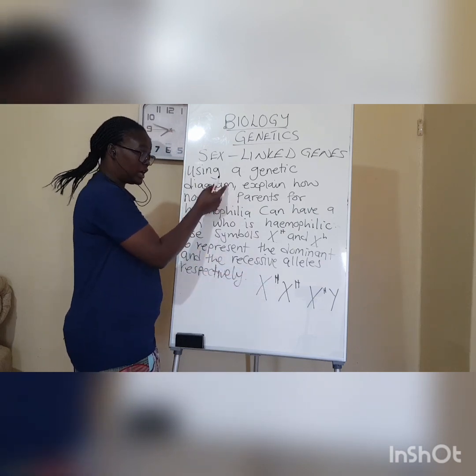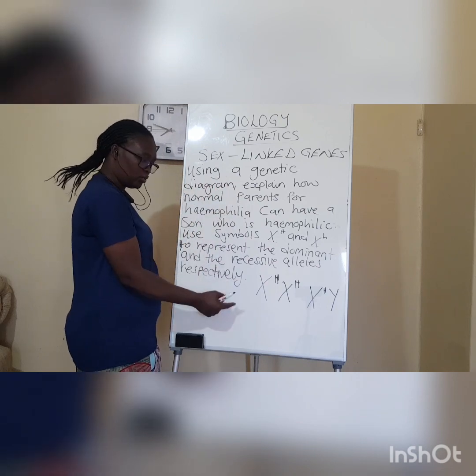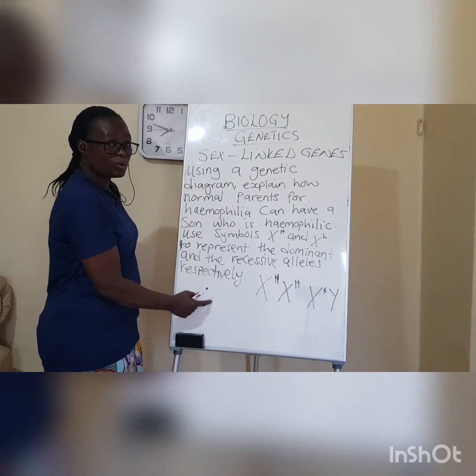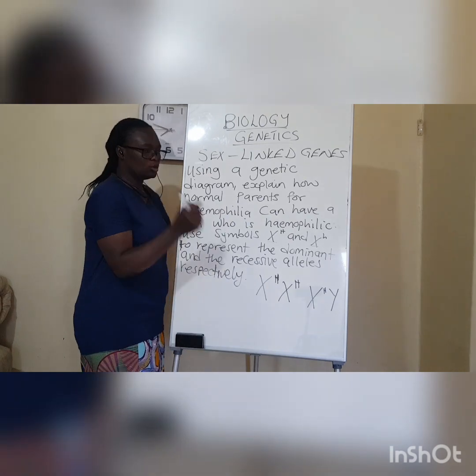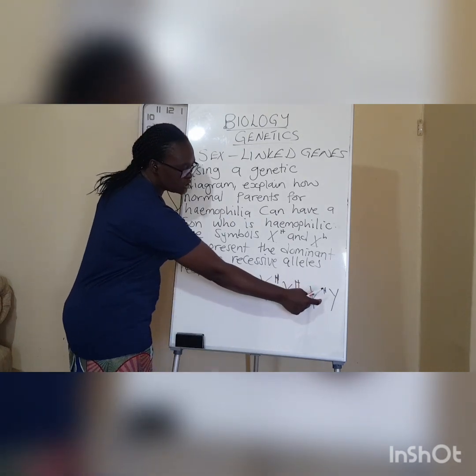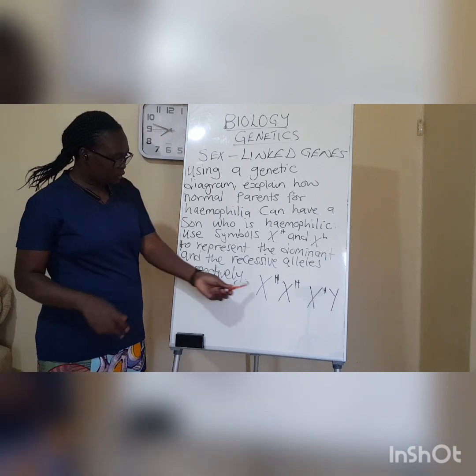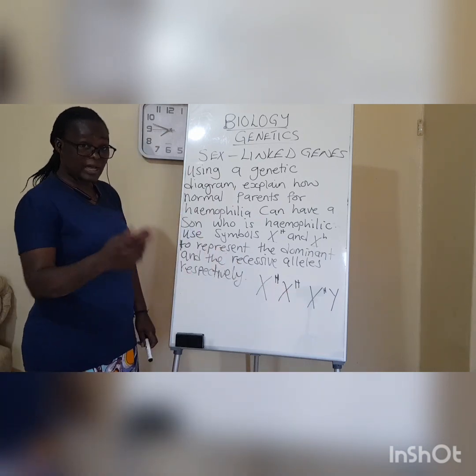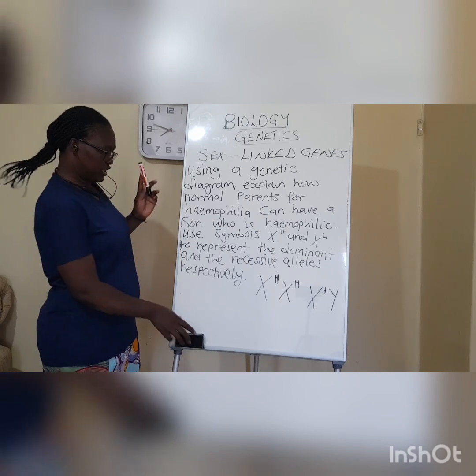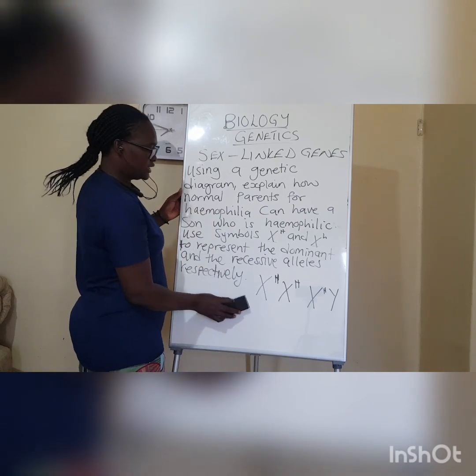They have said both are normal. Remember, a mother who is a carrier is also normal. So for the male we are going to use this, but for the female, we need the one who is a carrier. Because that's what we need to prove.